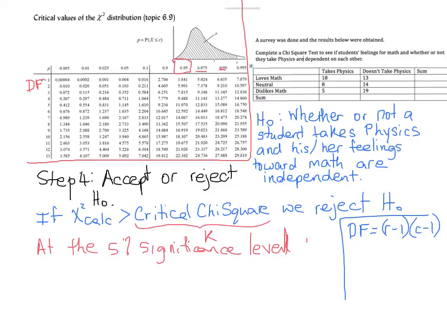I have 3 rows, 1, 2, 3, and I have 2 columns, 1 and 2. So my degrees of freedom is 3 minus 1, because that's my number of rows, times 2 minus 1, which will give us 2.